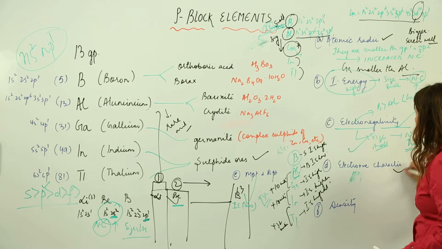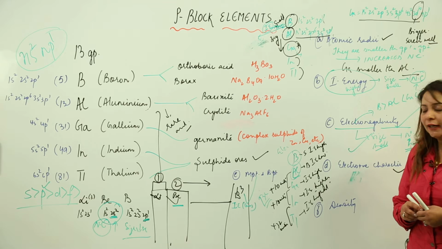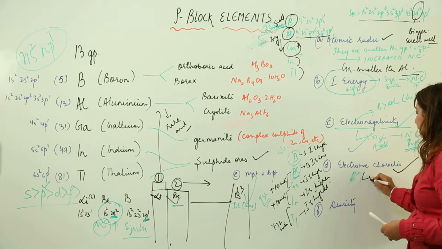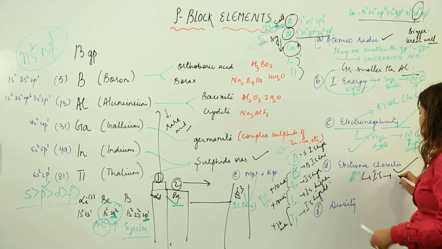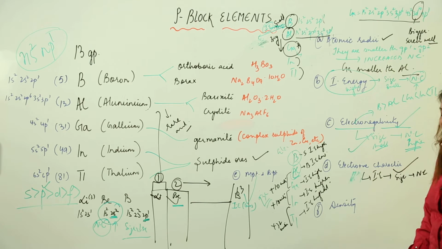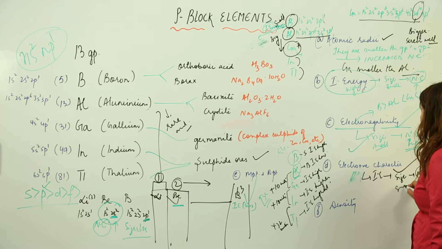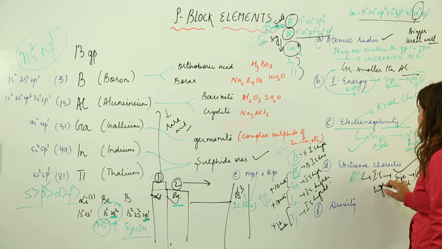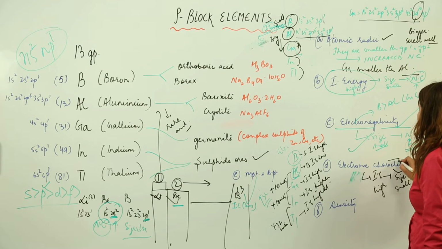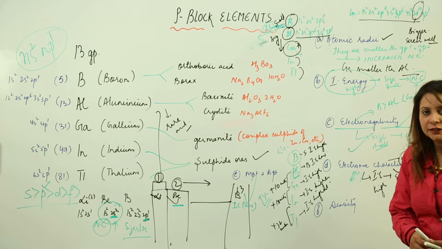Next we have is the electropositive character. That is the tendency to lose electrons, right. So this depends upon the ionization energy, which in return depends upon size, and size in return depends upon nuclear charge. So that means higher is the charge, obviously smaller is the size, and higher is going to be the ionization energy, and electropositive character will be less because it will lose electrons with difficulty.